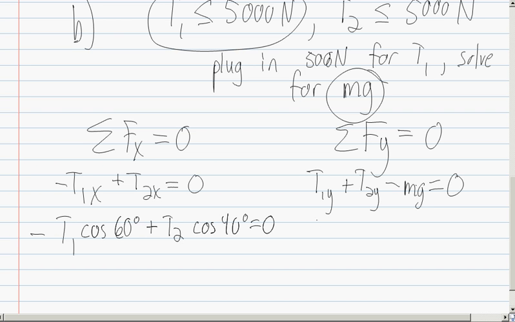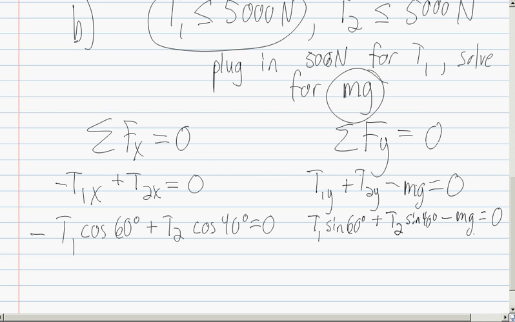And for y: T1 sine of 60 degrees plus T2 sine of 40 degrees minus mg equals 0.